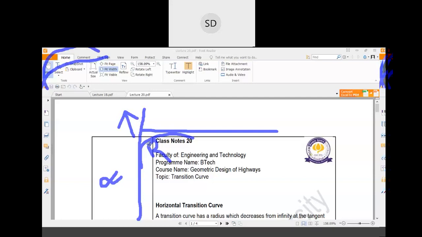And this could be done with the help of your transition curve. Here, your transition curve is provided at the starting point and at the end point of the circular curve. So how it looks, let us discuss this.